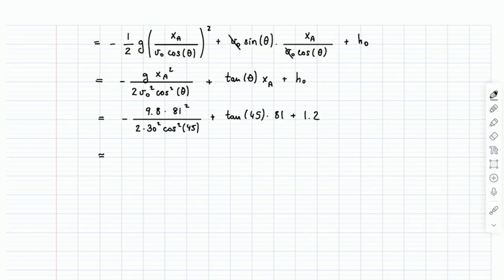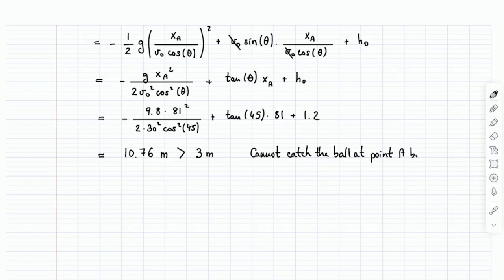Now this is going to be 10.76 meters, which is much bigger than 3 meters. And so he cannot catch the ball at point A by jumping. Okay, that's not going to do it.